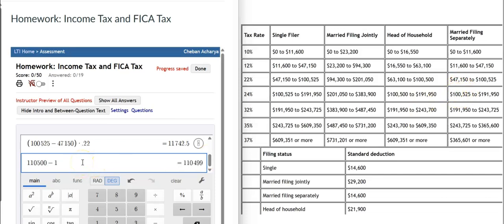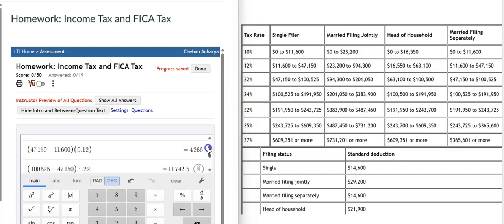So you get $9,975. This applies to only 24%. To find how much tax because of 24%, you multiply by 0.24. So he paid $2,394 because of the 24% rate.